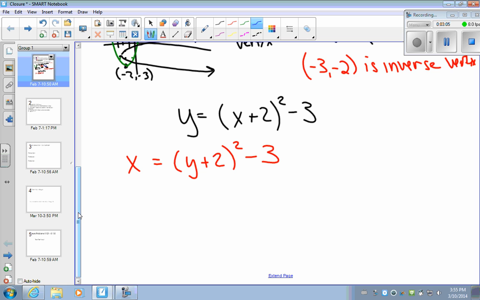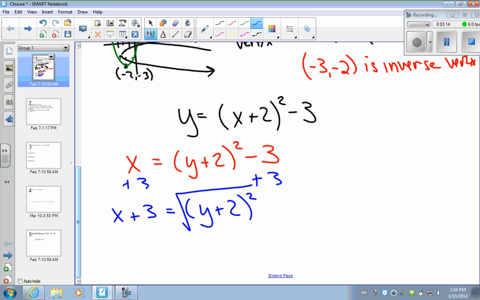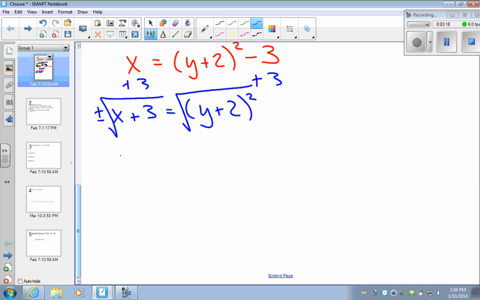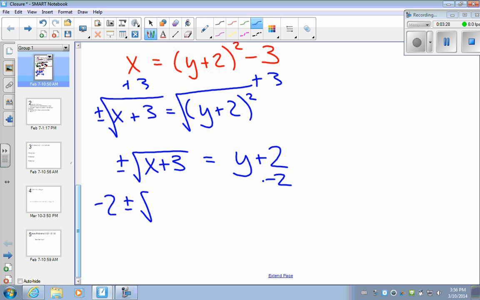So of course the first thing I would do is add 3 to both sides. The next thing I would do is square root both sides. Don't forget the plus or minus. So plus or minus the square root of x plus 3 is going to equal y plus 2. And then the last thing I would do is subtract 2 from both sides. And then my answer would be this.